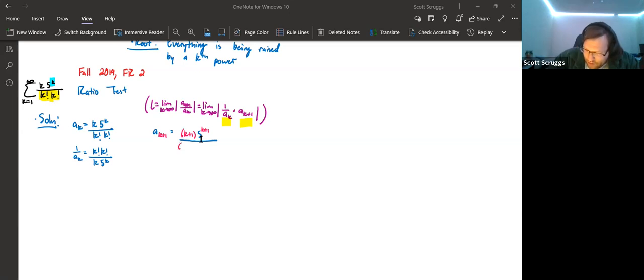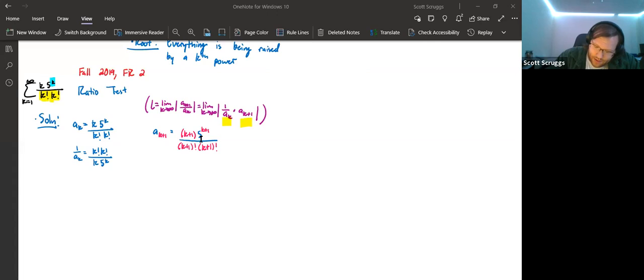So k plus 1 factorial times k plus 1 factorial in my denominator. I've now done my bookkeeping, so now I'm ready to take that limit that we had to for ratio tests.